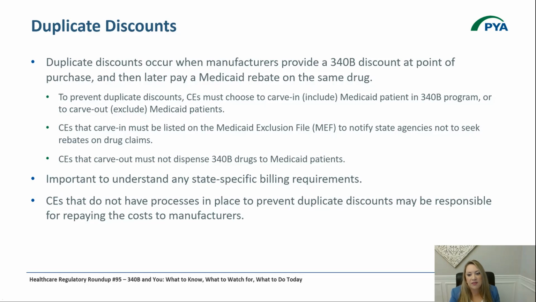So that is important. And then don't forget that there are typically some state-specific billing requirements when it comes to 340B acquired drugs that are going to Medicaid patients. So making sure that you have your bases covered there as well.